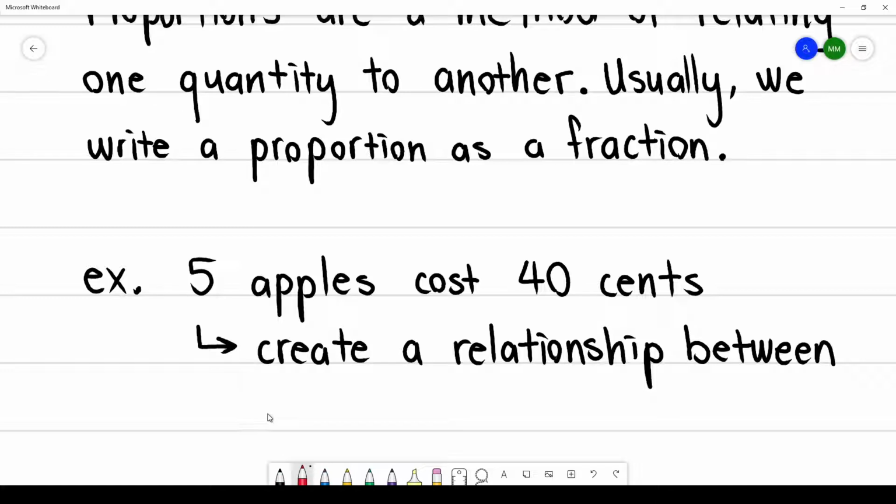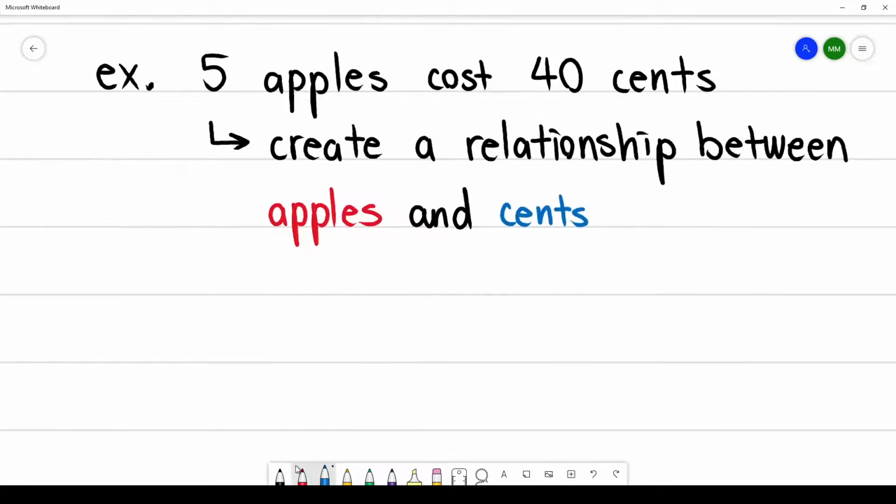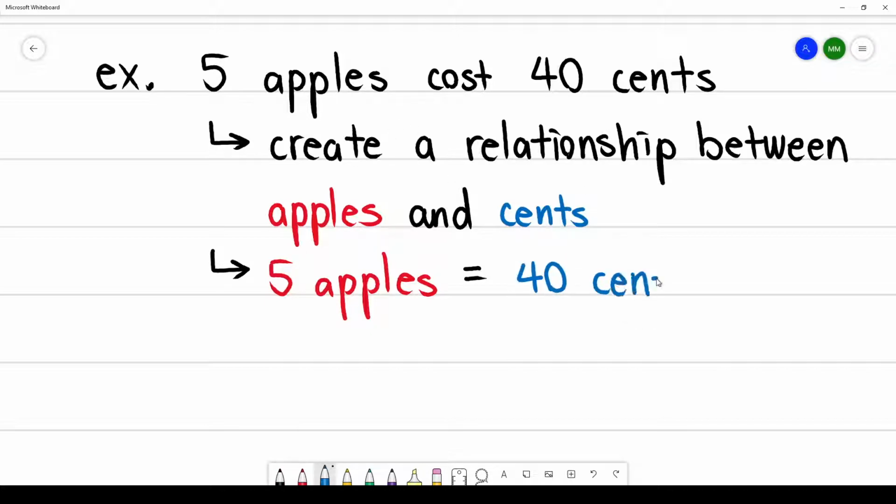So we can say that 5 apples is equal to 40 cents, right? So 5 apples cost 40 cents. That's saying the relationship between apples and cents is that 5 apples equal 40 cents.